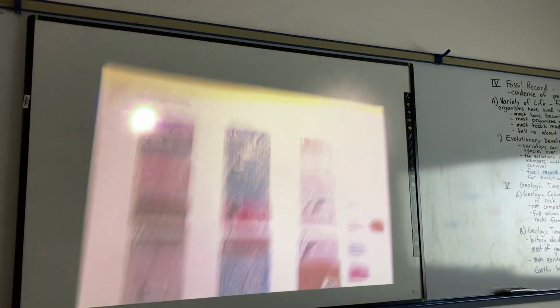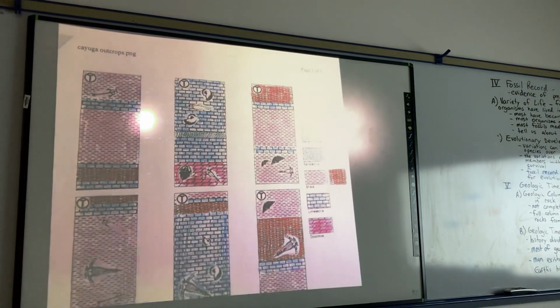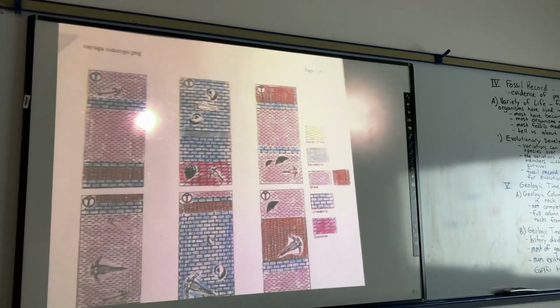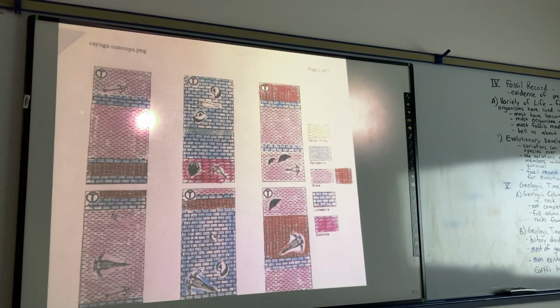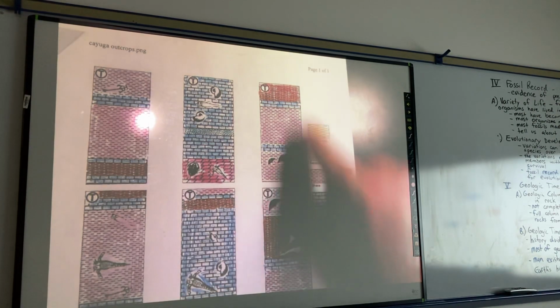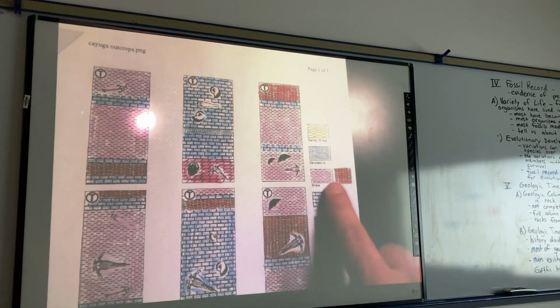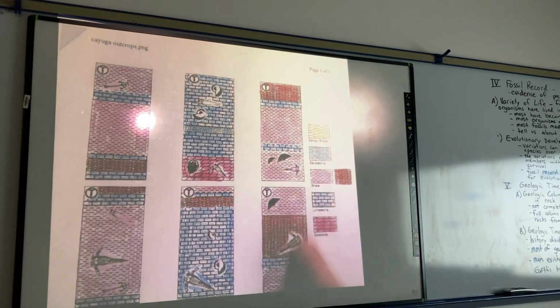All right, so I'm done with my coloring, and now I have something that looks like this. Now, what I'm going to do with this is take a pair of scissors and cut these pieces out, including the key. The key, you can just cut the whole thing out. I'm going to cut all these pieces out.